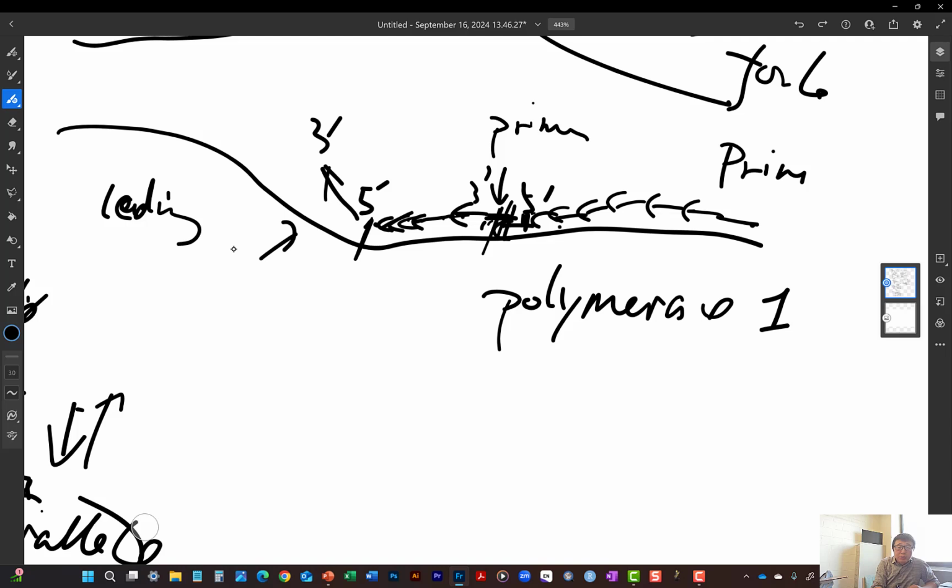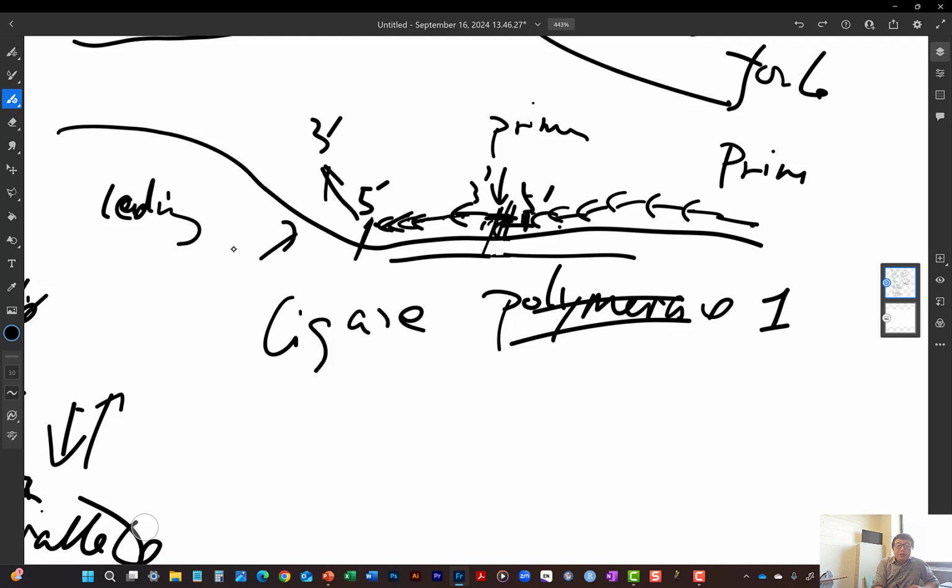This is another DNA fragment. Polymerase 1 can no longer work. Now you have the ligase. The ligase will not cut or make anything. It only connects one DNA strand to another DNA strand. That's why it's called ligase. And this strand is synthesized lagging behind the leading strand, so it's called the lagging strand.